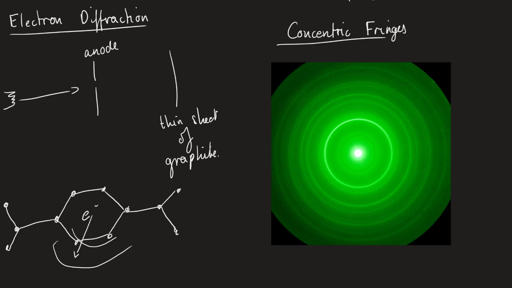So we still have at the very center a bright white maxima. You'll see in this case they've probably accelerated these electrons through a very high potential, because you can still see green light where all of these dark fringes are, but the actual fringes are where you can see these very bright lines.